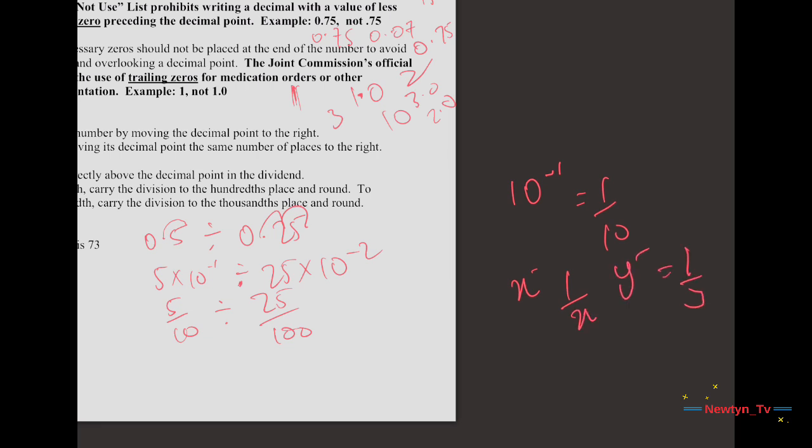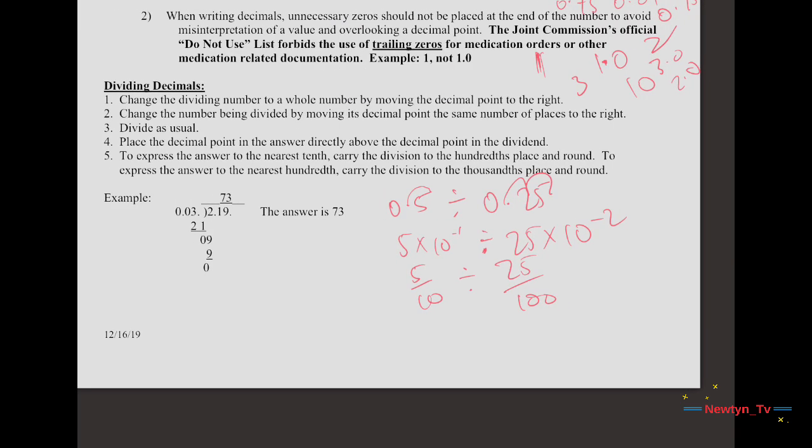If you have 10 exponent negative 2, that will be 1 on 10 squared, which is 1 on 100. So if I have 5 on 10 divided by 25 on 100, I can reduce it to lowest terms, which is 1 on 2 divided by 1 on 4, right?